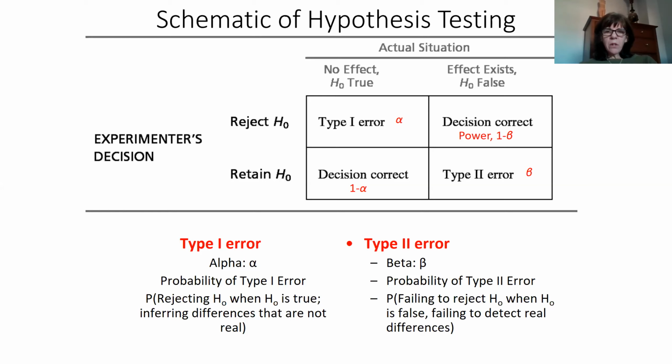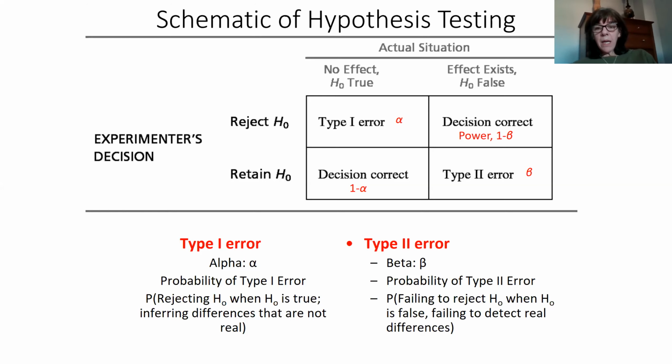Type 2 error, which is represented by beta, is the probability that there actually will be some effect of an intervention, or a true, systematic relationship between two variables or constructs, but you will fail to reject the null hypothesis and therefore not be able to detect that. And so that's type 2 error.